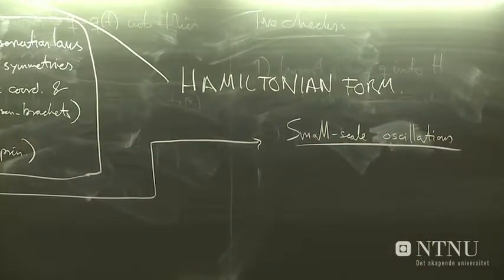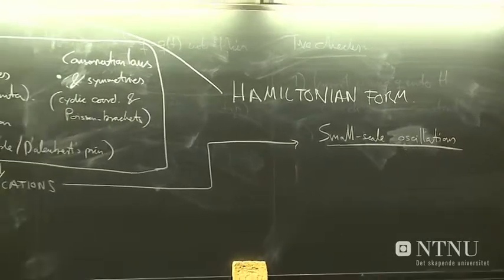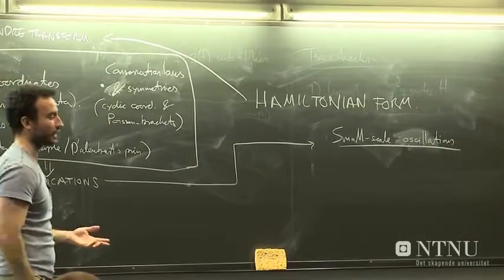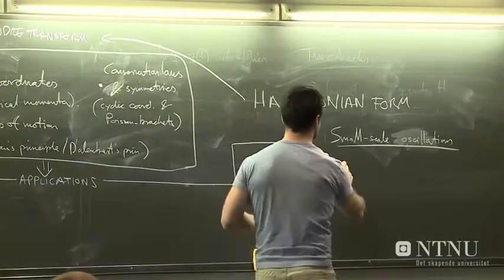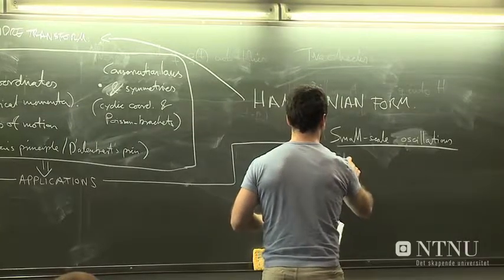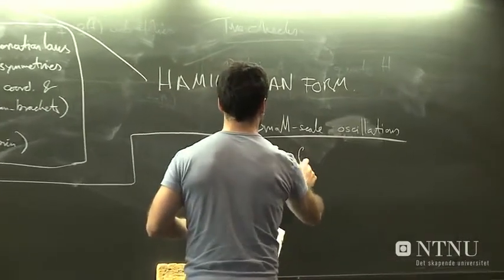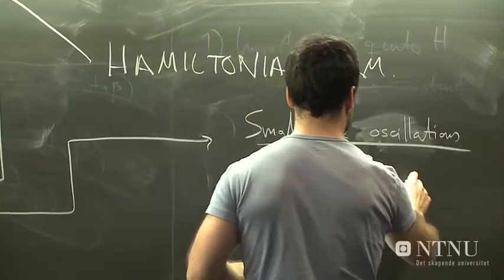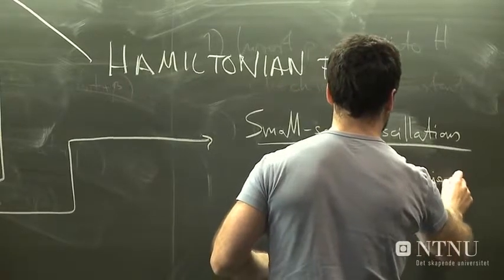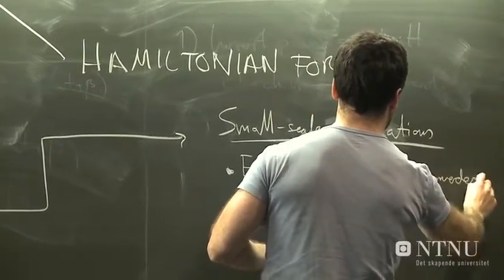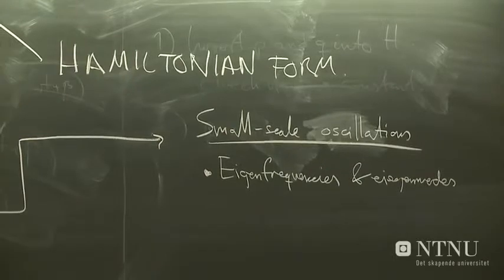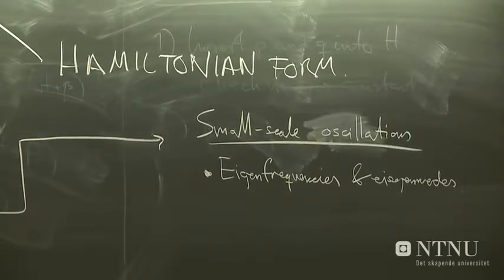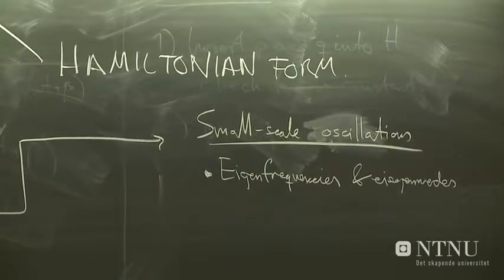Another application where we used this framework was in the context of small-scale oscillations. So what we discussed here was a situation where we considered a small perturbation on a system from its equilibrium point.